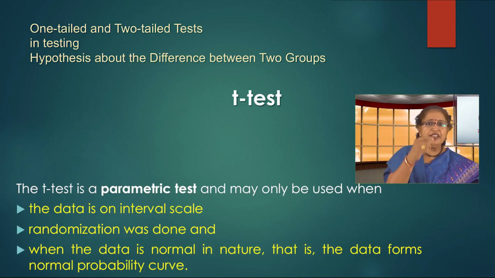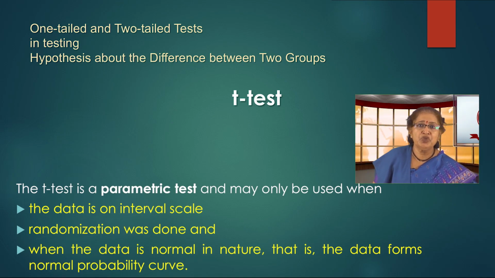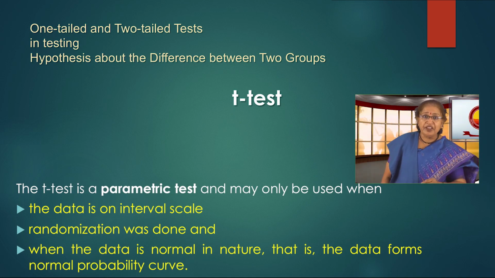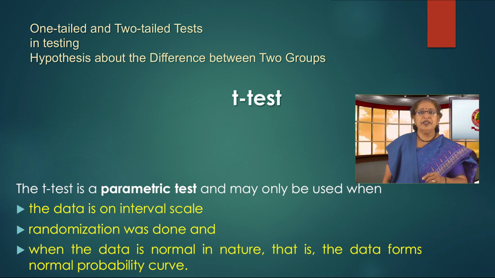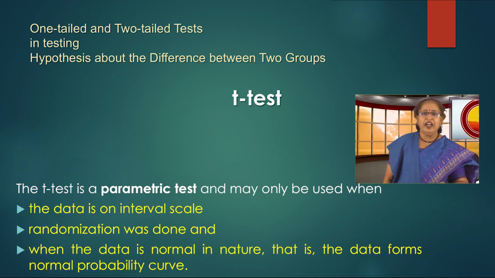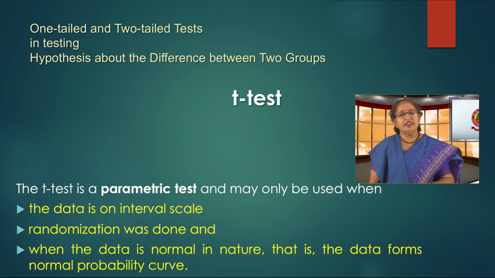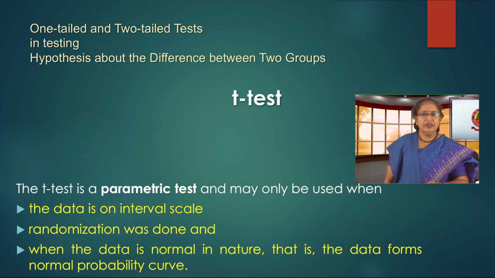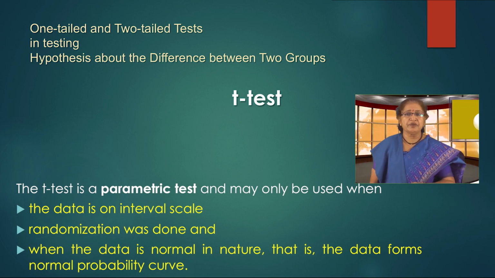At the same time, I also told them that the t-test is a parametric test and may only be used when the data is on an interval scale, randomization was done, and when the data is normal in nature. That is, the data forms a normal probability curve.